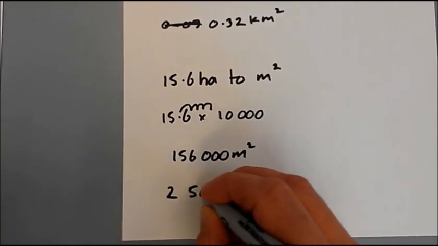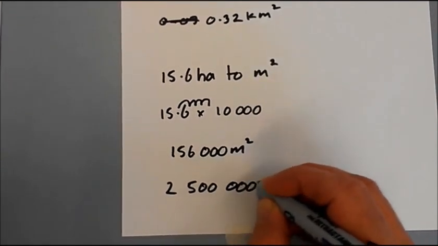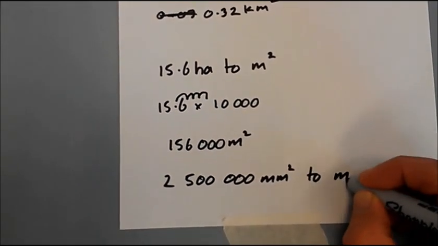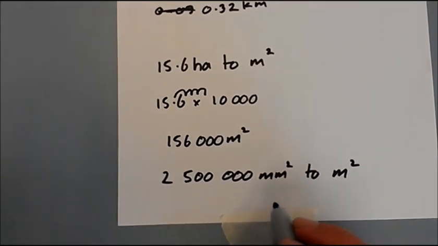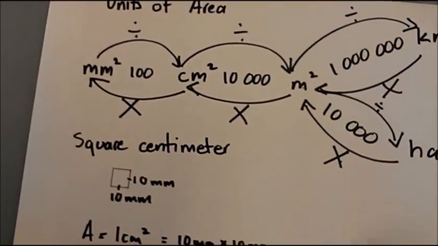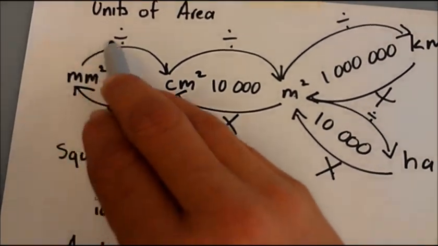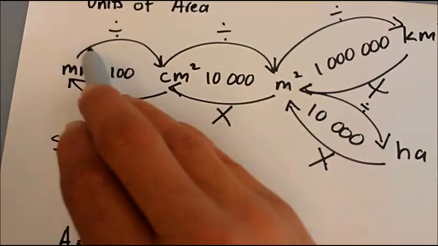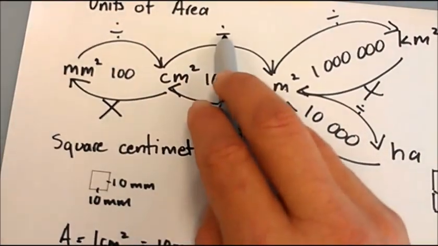Sometimes you may have to do something like go from 2,500,000 square millimetres to square metres. And if I want to do something like that, I see over here I've got to go square millimetres first to square centimetres, then to square metres. Following the arrows takes me past the division, 100 and 10,000.